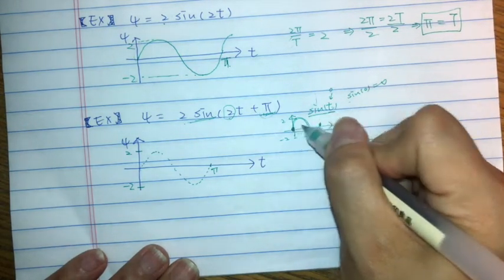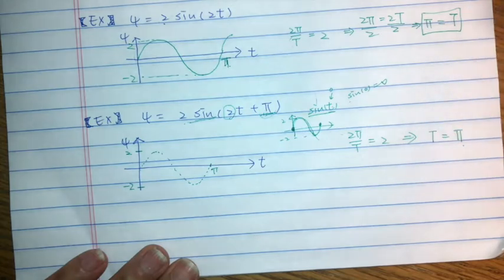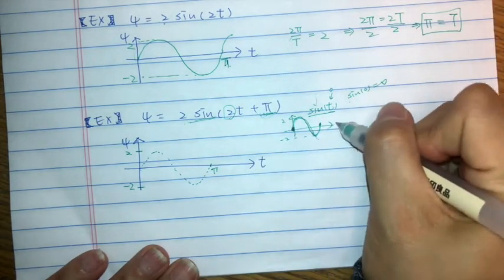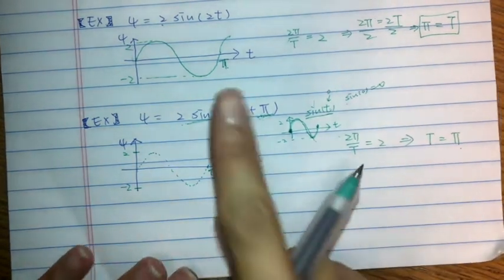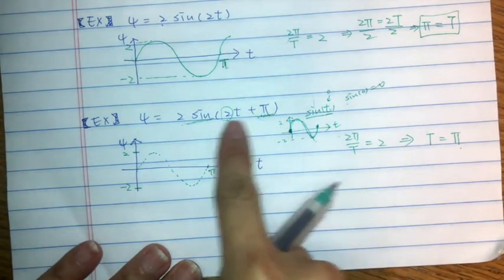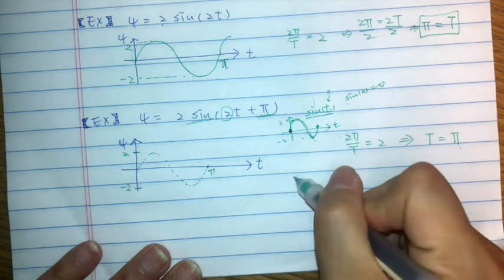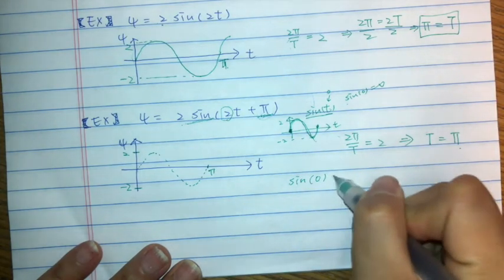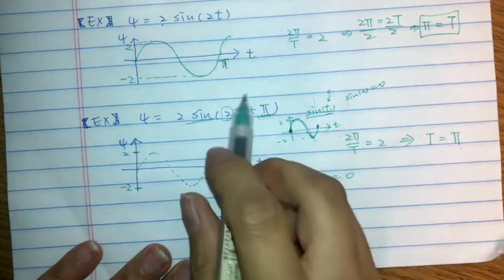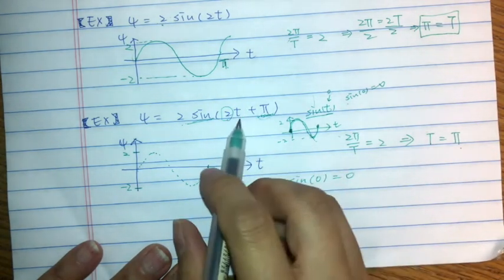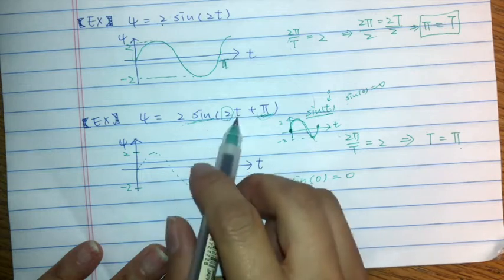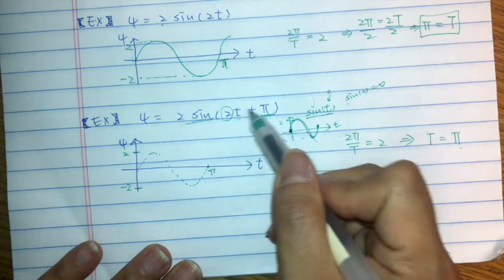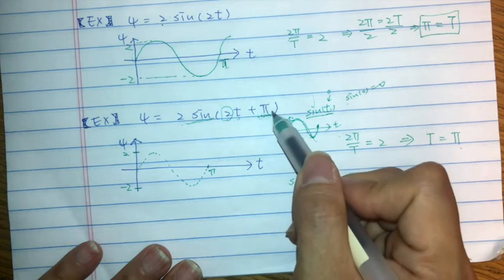So that's why you can see this wave starting from 0 when time is 0. But how about right now? It's slightly shifted, right? This is the sine wave starting with sine 0 equals 0. But now when time is 0 for this function, 2 times 0 is 0, 0 plus pi is pi.